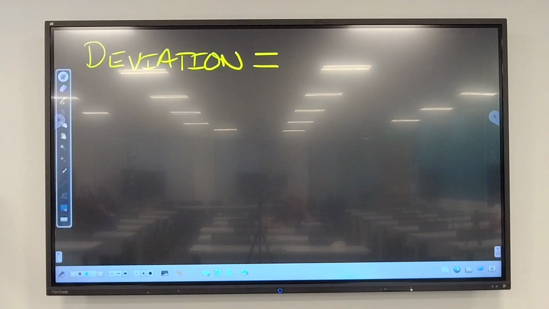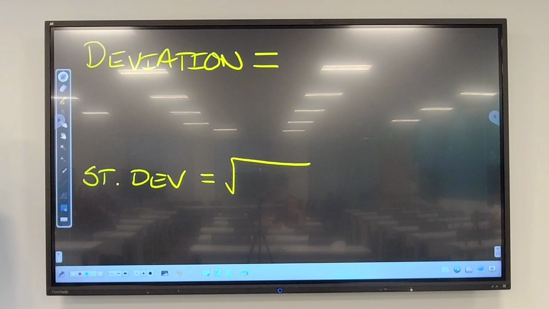What other statistic that we covered in here does the standard deviation come from? The standard deviation was equal to the square root of the variance.